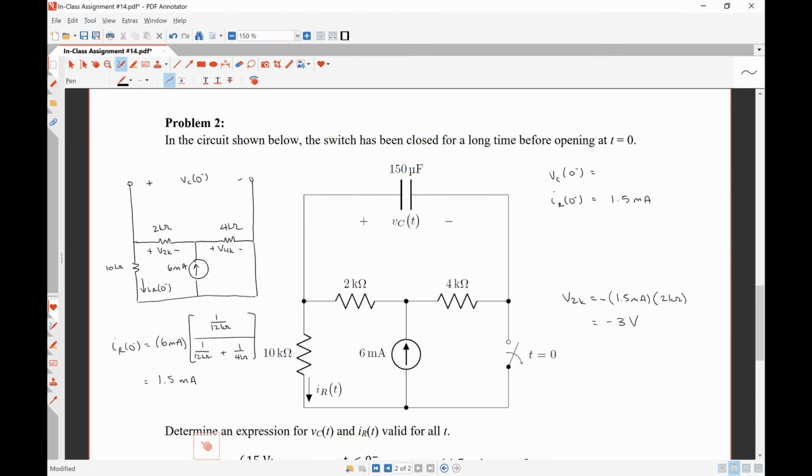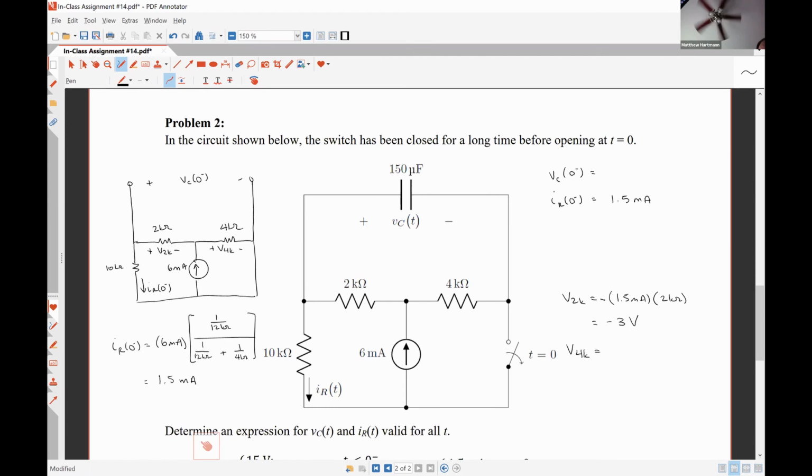Yes, sir. All right, how do I get the voltage drop over the 4K resistor? It would be Ohm's law still, but to get the current, you would just do 6 minus 1.5 milliamps.